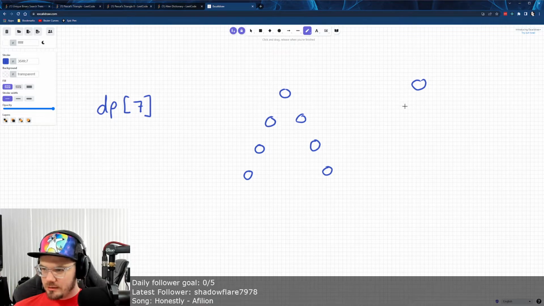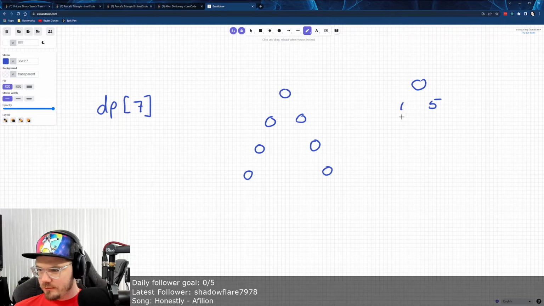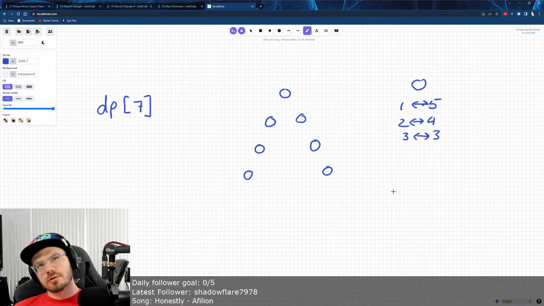I could have nodes with unique configurations of 1 and 5, and then also that reversed as well. 2 and 4, and those could also be reversed, and then 3 and 3. Those could be reversed and it would still be structurally unique.